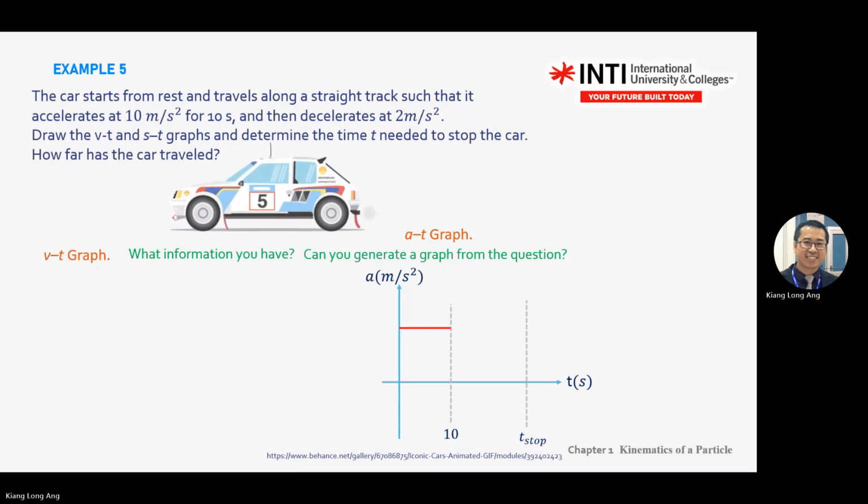What does it mean? It means at 10 seconds it is 10. What about 11 seconds? It dropped to less than 10. Again, what is this statement? The acceleration is 2 meters per second squared. This is a constant value. What is your y-axis? Your y-axis is your A. So how do you draw?